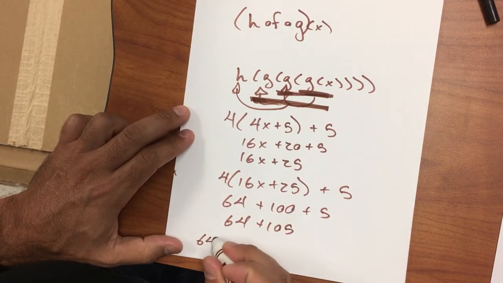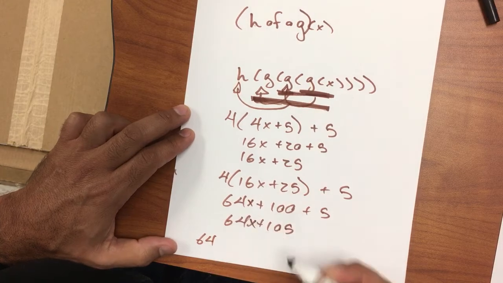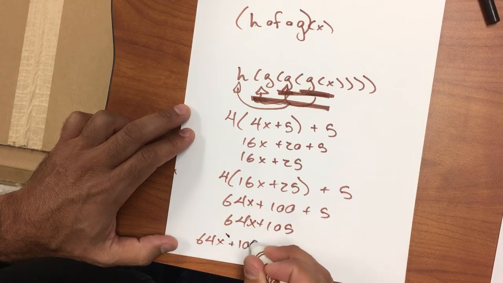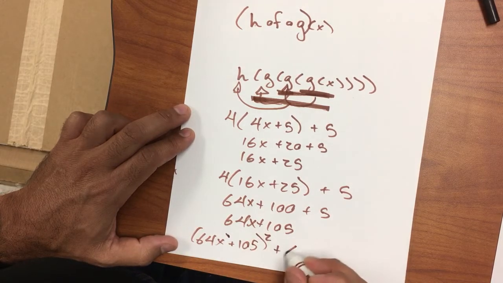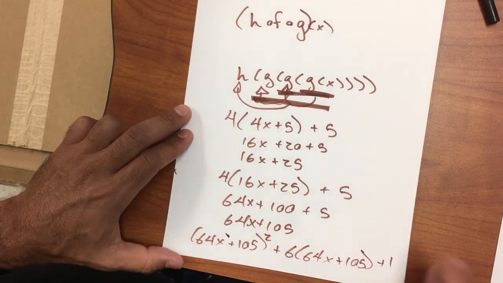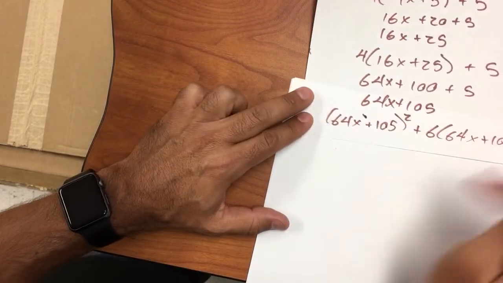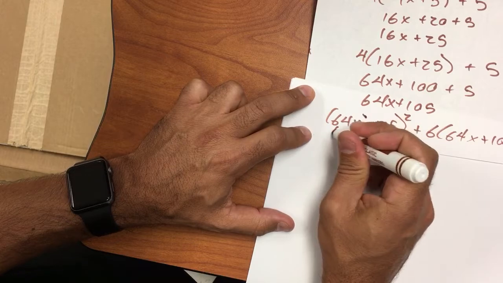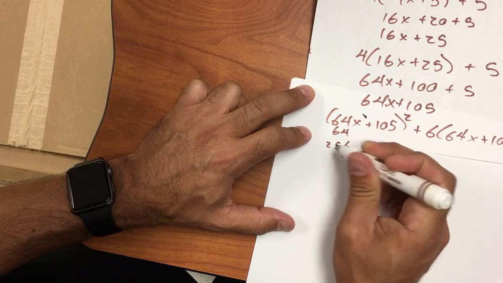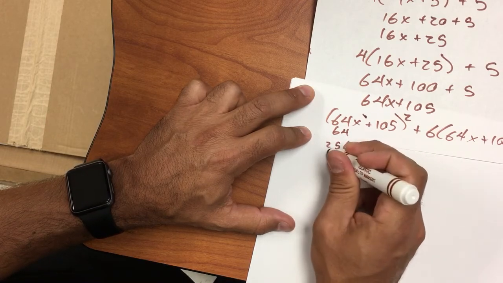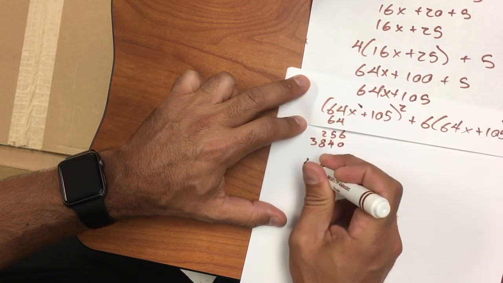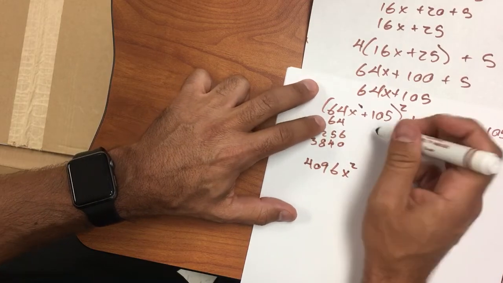So 64, this should have had an x on it. Whoops. 64x plus 105 squared plus 6 times 64x plus 105 plus 1. Now I'm just going to simplify this out, so I'm going to multiply it out. I'm just multiplying this, so that's going to give me times 105.